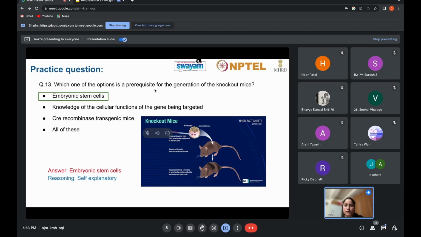So to generate knockout mice we use embryonic stem cells and then only can we knock out that gene. In Cre recombinase, after the sequence is present, you use the Cre recombinase mechanism to knock down that gene.